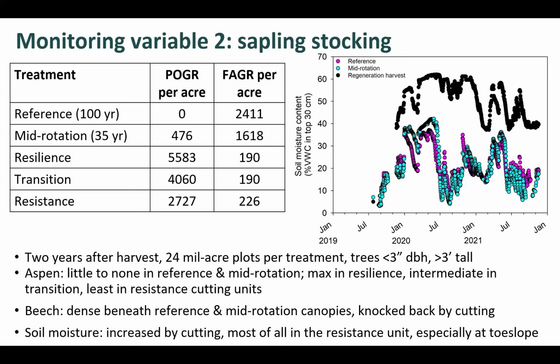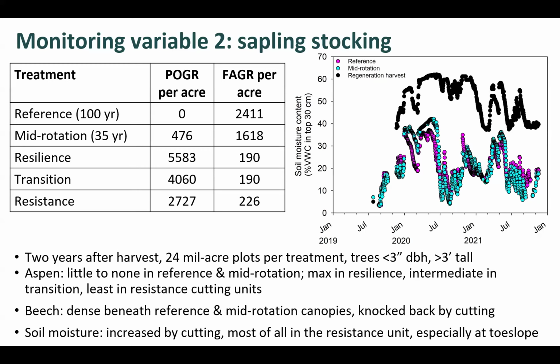But what we see is with those black points, after cutting in late 2019, soil moisture really increased in the resistance cutting unit. And this effect was universal across the cutting unit, but it was magnified in this topoclimatic refugium.